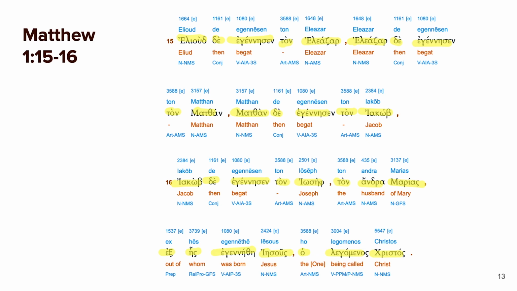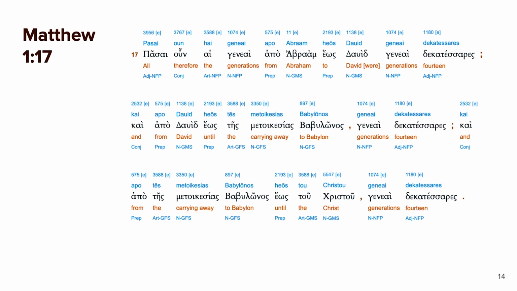Beautiful. And one last slide, and we'll be done for this lesson. All right, Matthew 1, verse 17. Pasai un hai genai apo Abraham heos David geneai decatesseres.